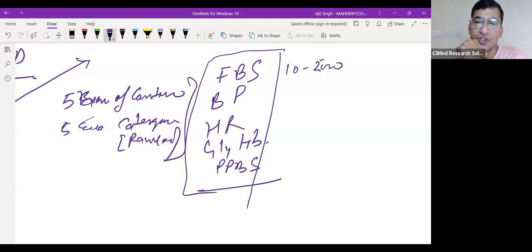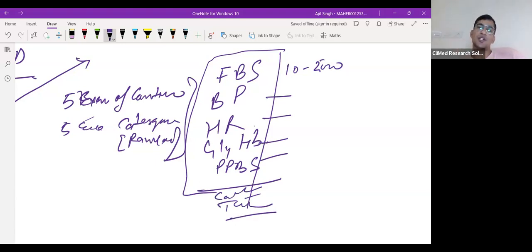FBS, blood pressure, heart rate, GlyHb, PPBS, calcium levels, thyroid levels, whatever blood investigations you are doing. There are a lot of things which can be in the continuous type of data. By the time we are analyzing, we'll come to know.